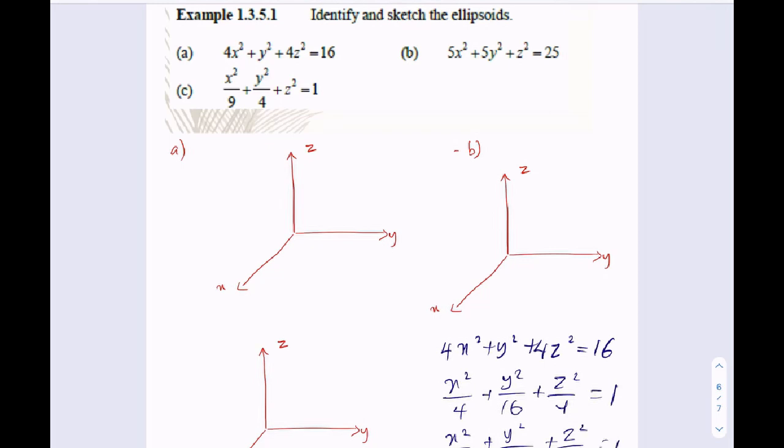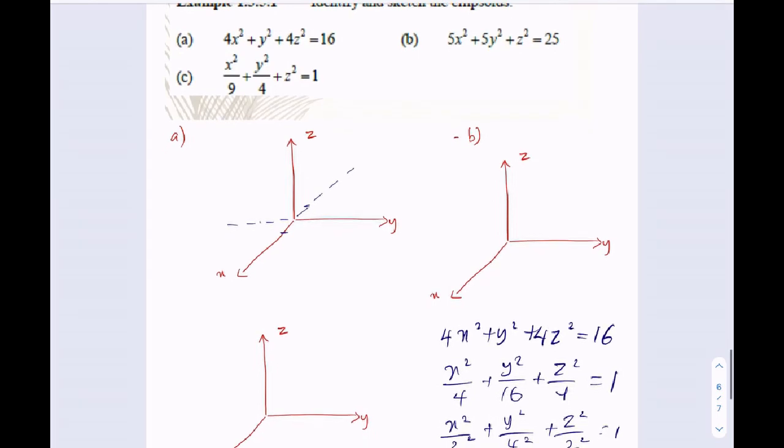Okay, so then the number over here must be 2, and this one is 4, larger than the partner in x. And then for this one, it is smaller.